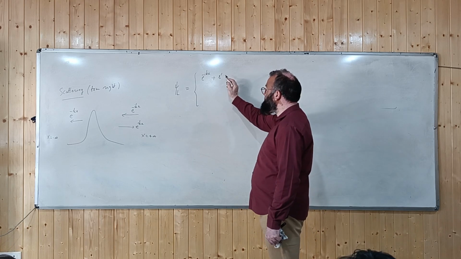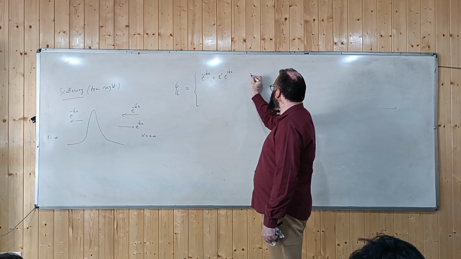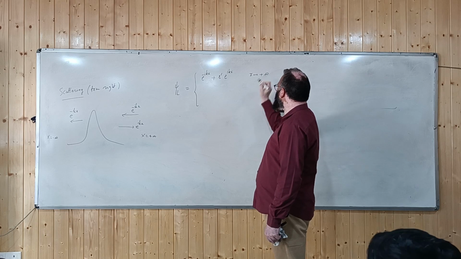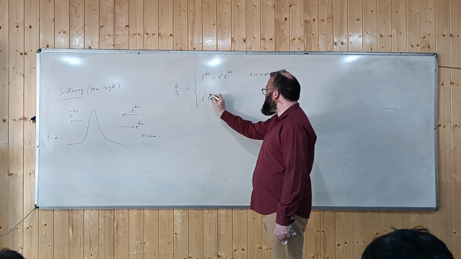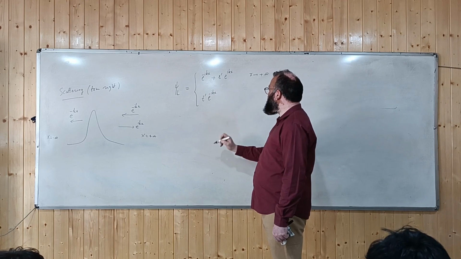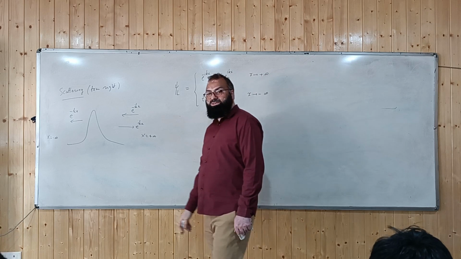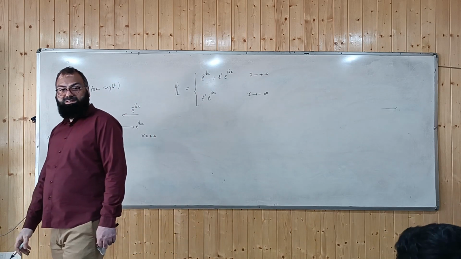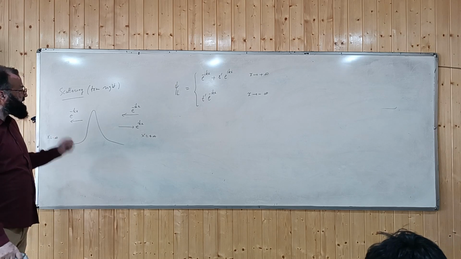So it will be e raised to the power i kx, in this domain. Now I will introduce the transmission coefficient t prime, so e raised to the power minus i kx, as x tends to minus infinity. So this is the asymptotic wave function, or the asymptotic solution, if you consider the scattering from the right.